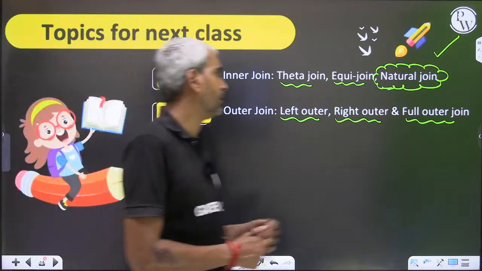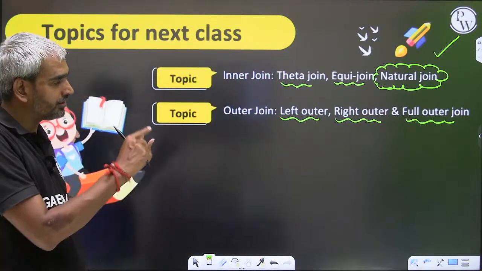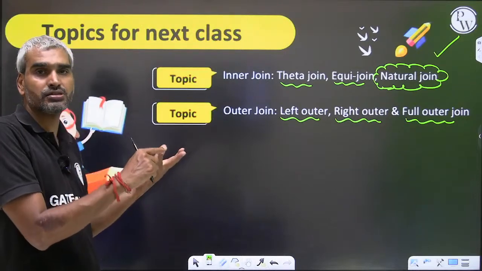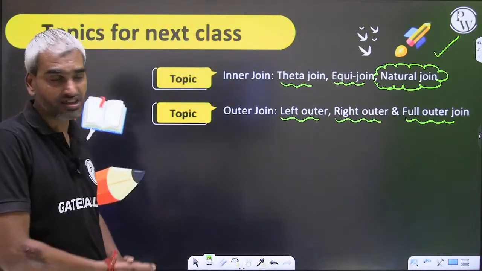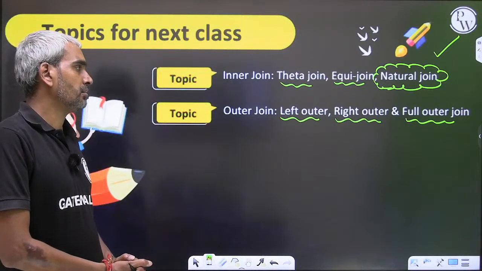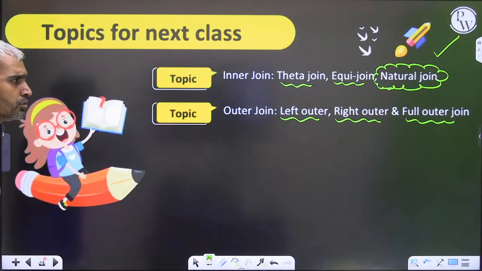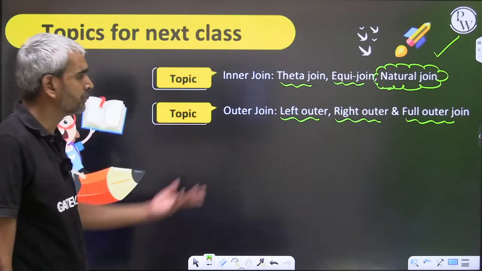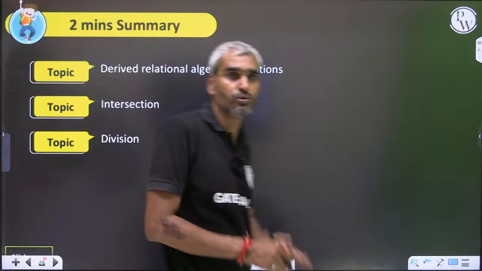But this is an important concept, because it will be required in relational algebra as well as in the structured query language as well as in normalization. Some silly questions can be asked related to the concept of outer join, which will not require more than 30 seconds to answer if you already know the concept.